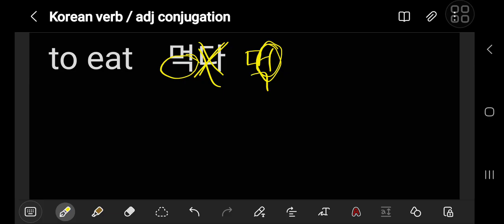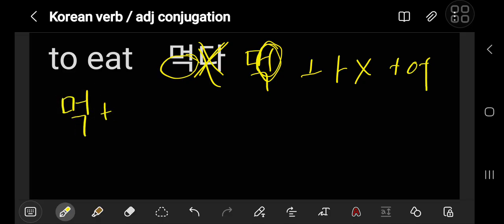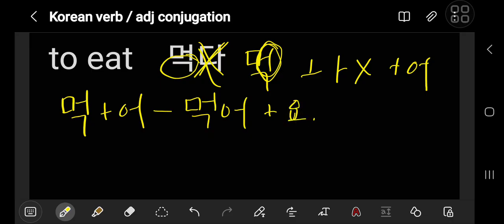What is our vowel? It is not an O and not an A. No. So we add O with that. So we have our 먹 plus O. This will give us our basic conjugated form, 먹어.